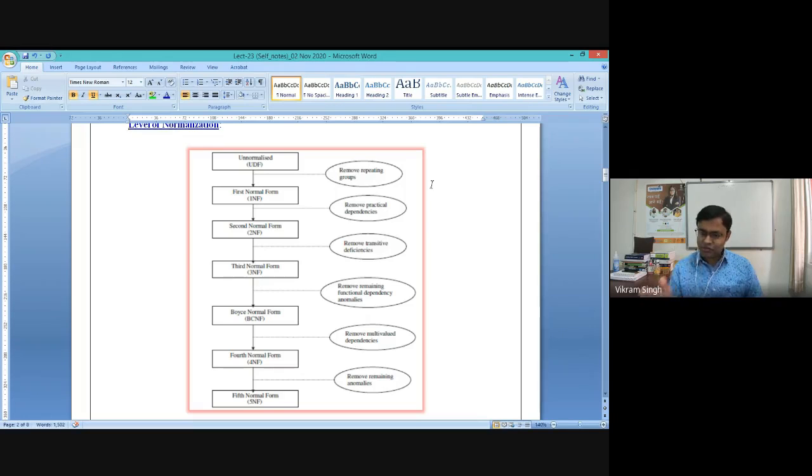If the table is transformed in some way, we can claim that this original relation is now in first normal form. Similarly, once we have reached first normal form, to check the condition for second normal form you will be checking the other conditions defined in second normal form. So this whole process of normalization is basically a one directional process, and our objective of normalization is to achieve the highest normal form.